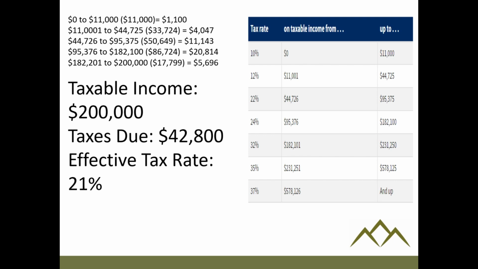From 11,001 to 44,725, they're paying 12%. And you see the amounts that are being taxed there. So effectively, if you add up all the brackets that they've shot through to the point of the marginal tax rate that they're in, you'll see that the total taxes due are $42,800, which is an effective tax rate of 21%. And the reality is they're really only paying 32% on $17,799 in the grand scheme of things.